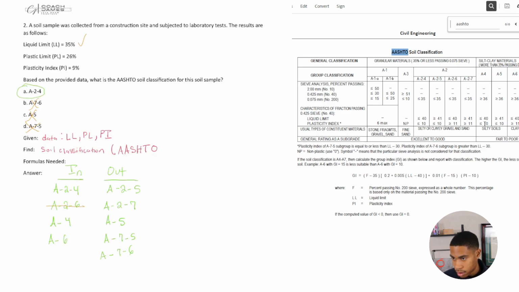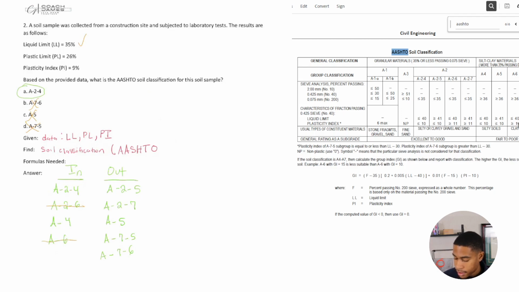What about A-4? Is it less? Yes, it's still less than 10%. And then what about A-6? Nope, it is out.